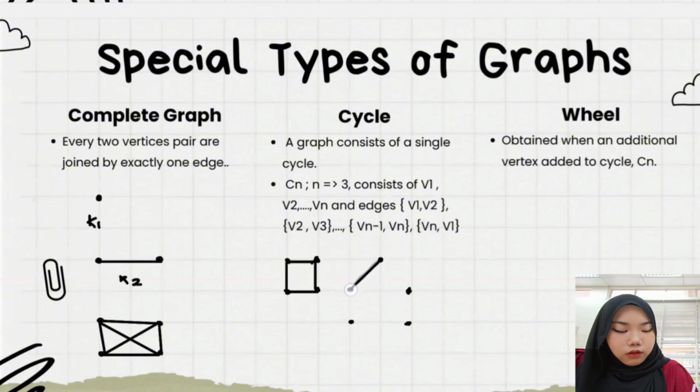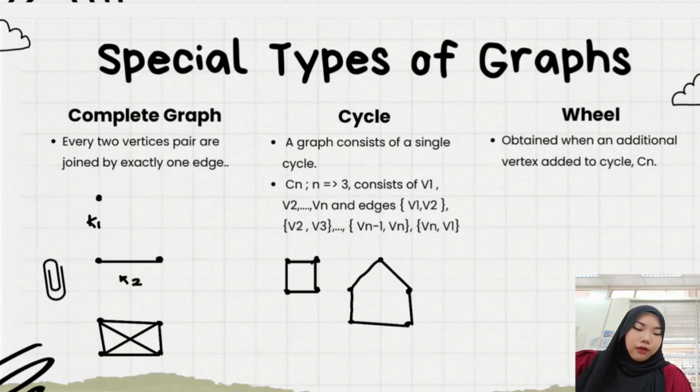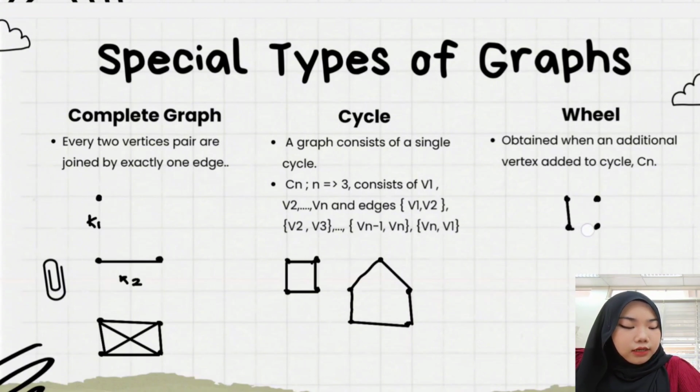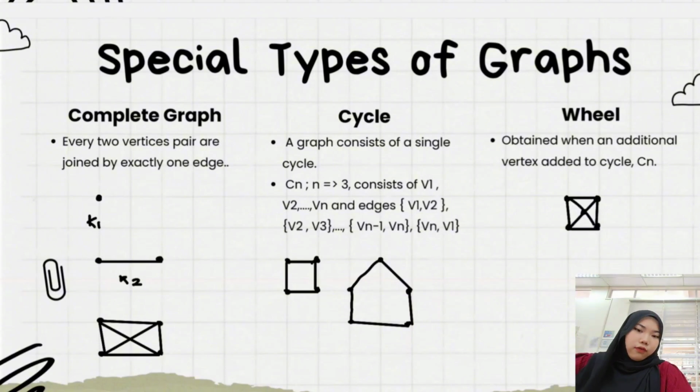You go here, here, here. This is also considered a cycle graph. Next is wheel, which is obtained when an additional vertex is added to a cycle. So it is related to the cycle graph, but it has a vertex like this. So this is a cycle graph, but if you do this, it is considered a wheel graph.